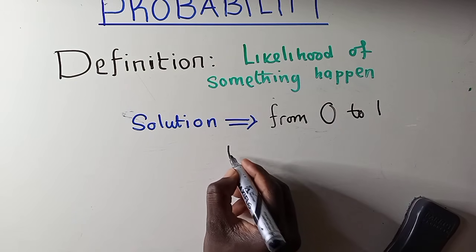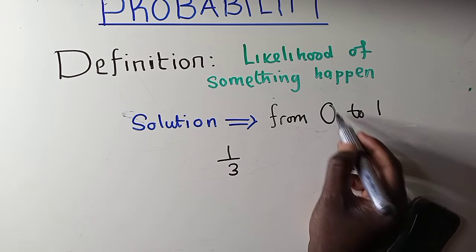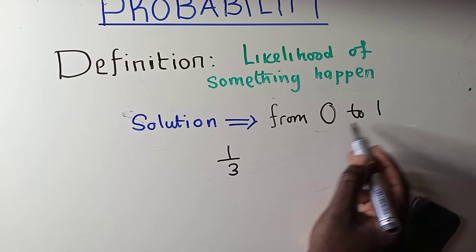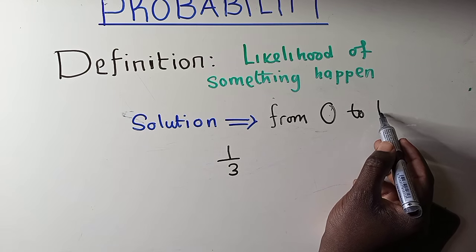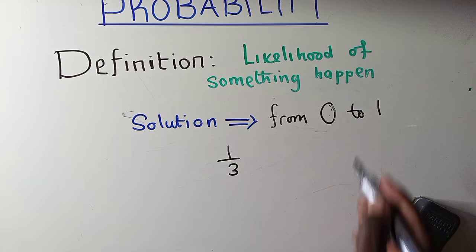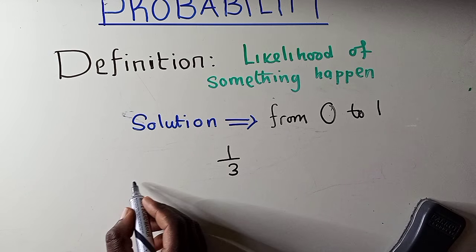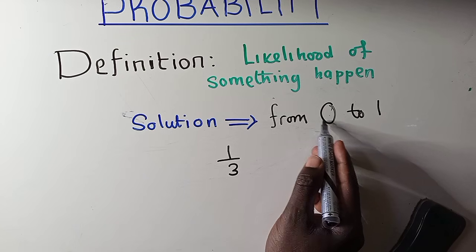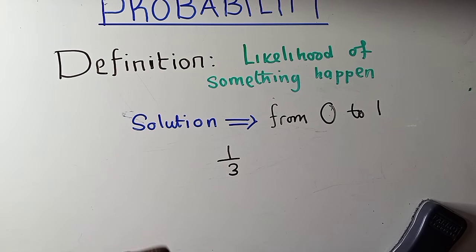For example, you saw the 1 over 3 I found. This is 0 point something. It's just between 0 and 1. So your answer can be equal to 0 or 1 or numbers in between. If they've asked you to find the probability and you find the answer less than 0 or greater than 1, it means your answer is wrong. You must keep this point in your head. It's very important. So now let's go to the examples I've talked about.